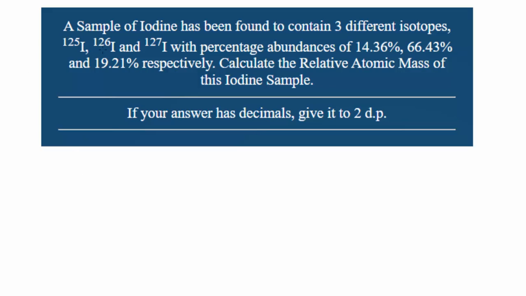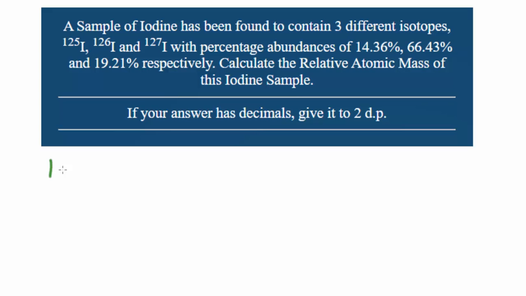So if we start off with putting together the calculations, we need to add the relative isotopic masses with the respective percentage abundances. So let's do that first.